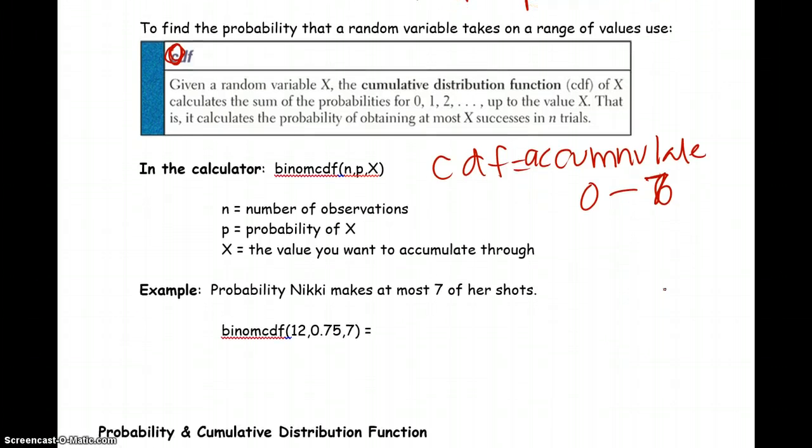I don't really feel like doing that 8 different times, so I go to CDF: she shoots 12 shots, chance of making it 75%, and I want to add it up through 7. You can type that in, get the answer, and compare to the people around you, because I don't have my calculator with me right now, but that should be pretty straightforward.